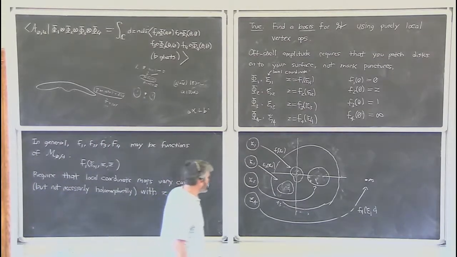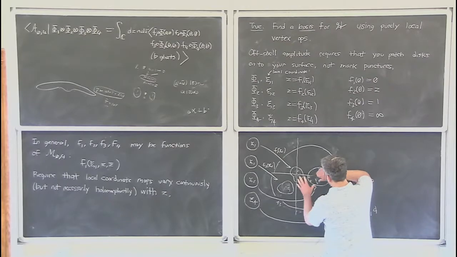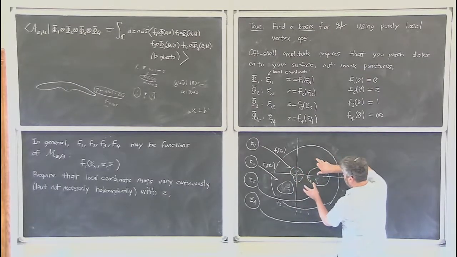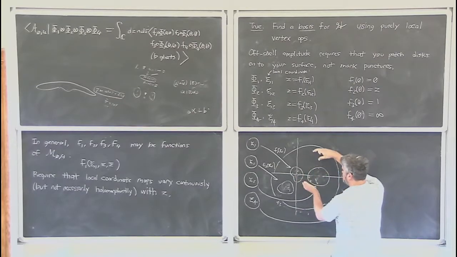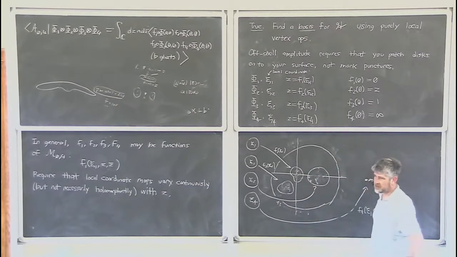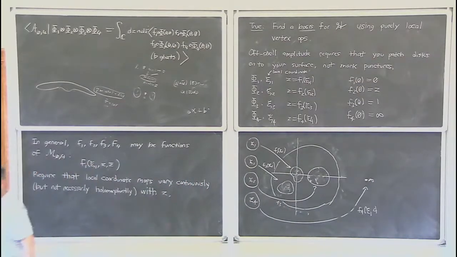So what that means is that as we move the puncture or the disk of phi 2, these other disks can also change their shape as we are moving this disk. These disks will also change their shape as a function of z. Speaking, F1 should also depend functionally on F2, F3, because you don't want them to overlap.